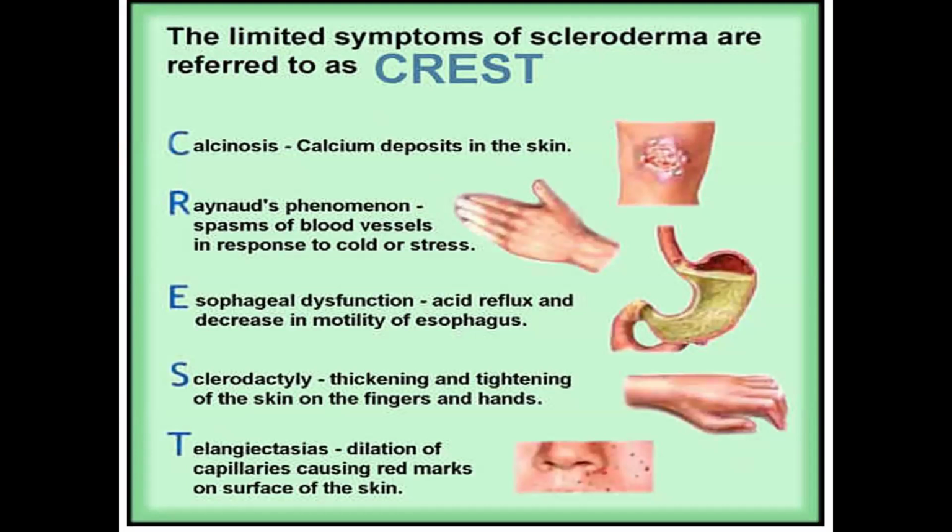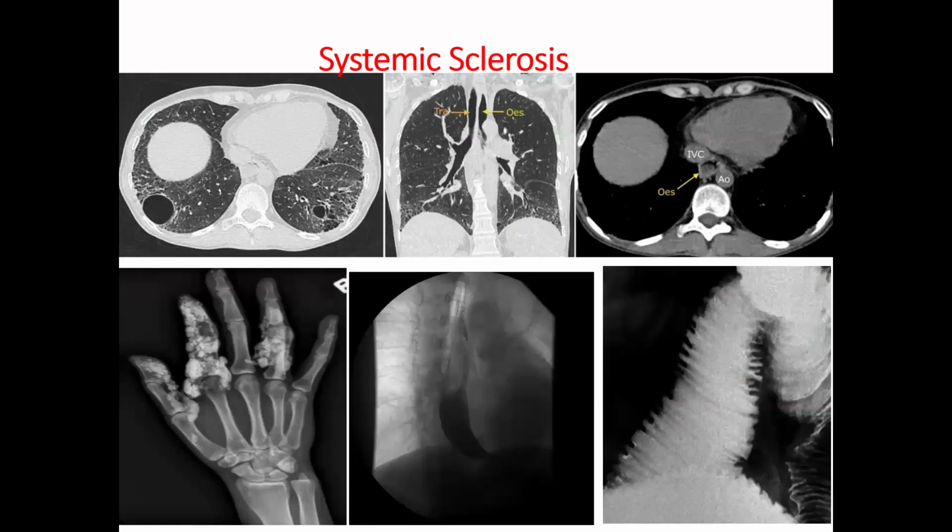Raynaud's phenomenon, esophageal dysfunction, sclerodactyly, which means thickening and tightening of the skin on the fingers and hands. Telangiectasia, dilatation of capillaries, causing red marks on the surface of the skin. Systemic sclerosis can affect internal organs. And you can see here from the picture affecting the heart and the lungs and the esophagus.